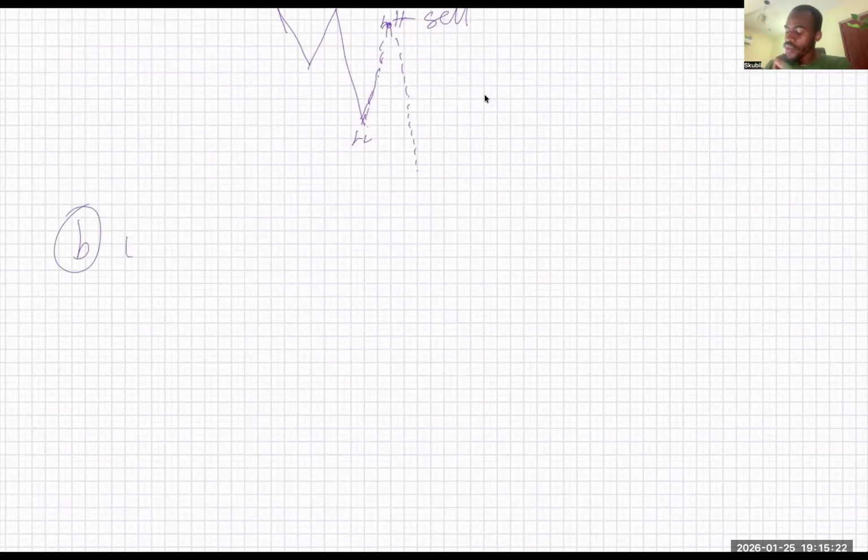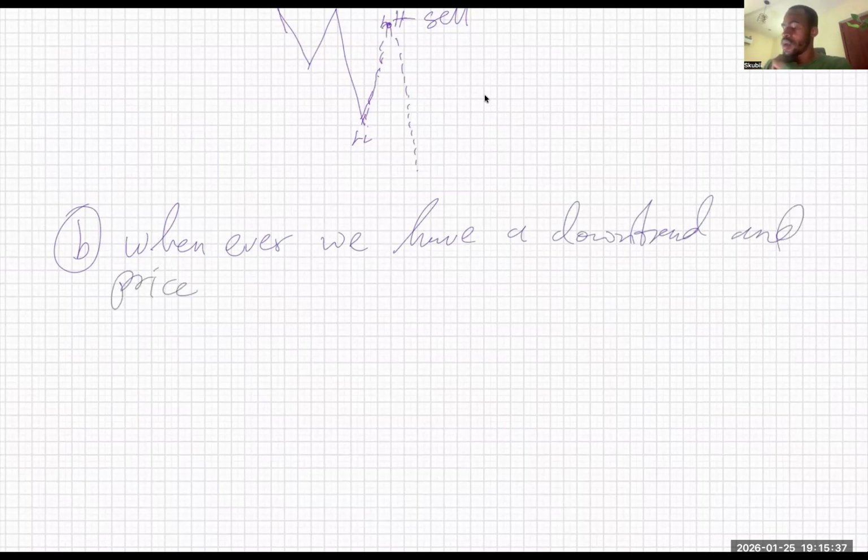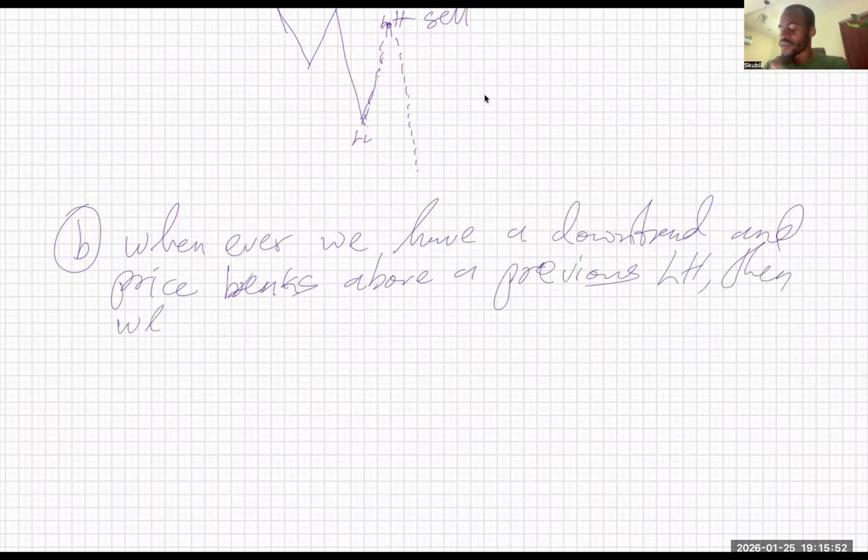So whenever we have a downtrend and price breaks above a previous lower high, then we have a shift in market structure.